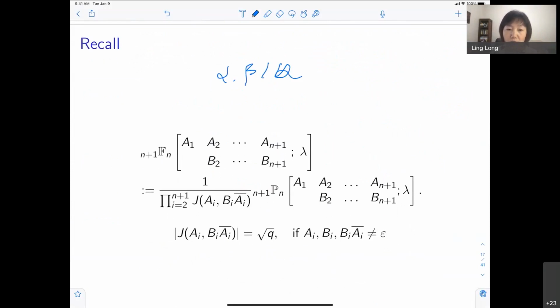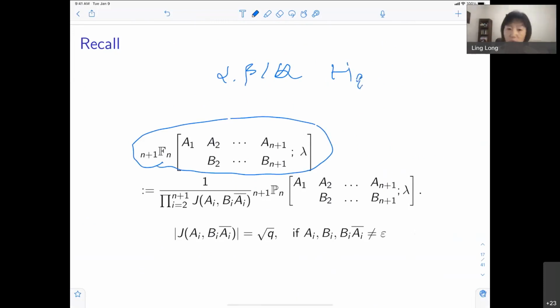It's the HQ function. The HQ function is the same as the normalized period function, but in this situation, the HQ function is defined for almost all primes.